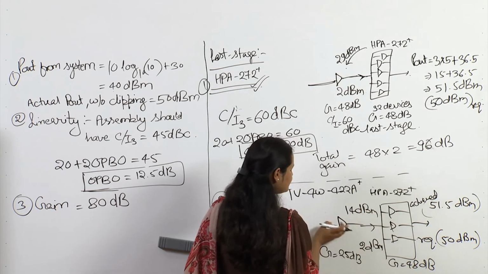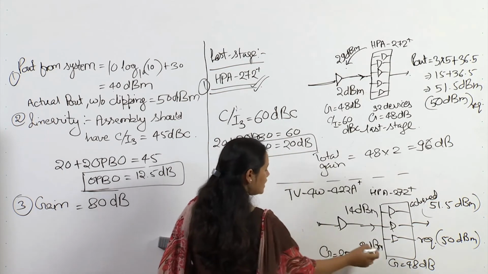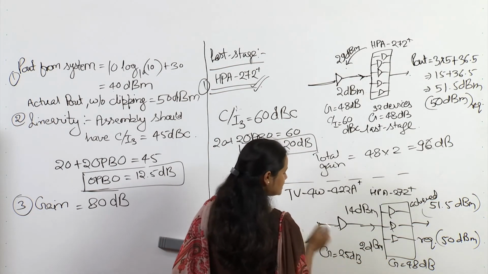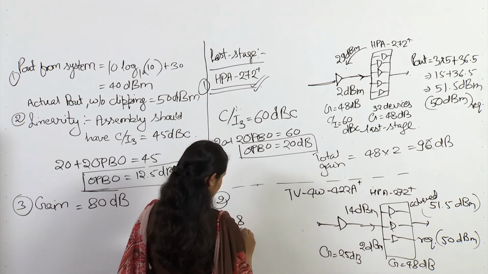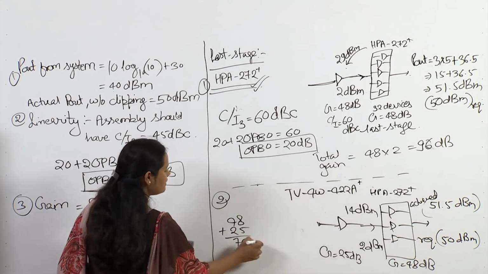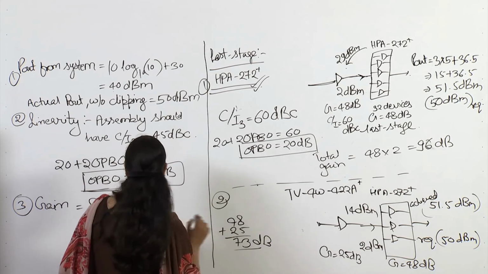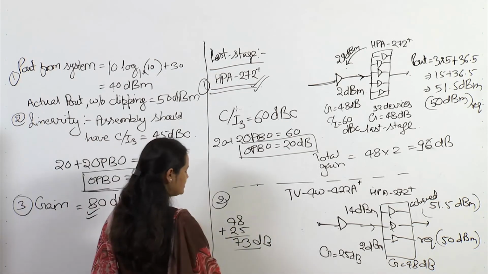So, it can stand this much easily. So, it is good to have it here. Now, in this case, if we do the summation of these two stages, 48 plus 25, we are getting 73 dB gain, but we require at least 80 dB gain. So, this alone is not sufficient.